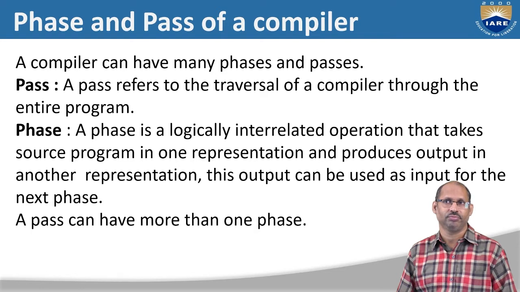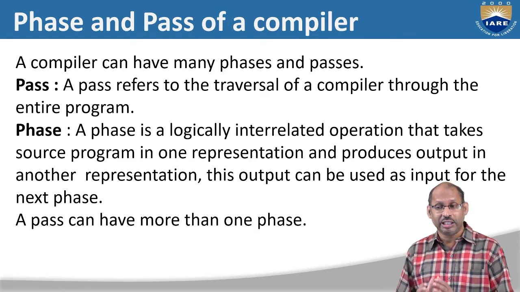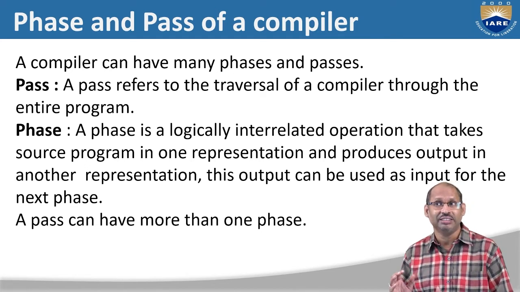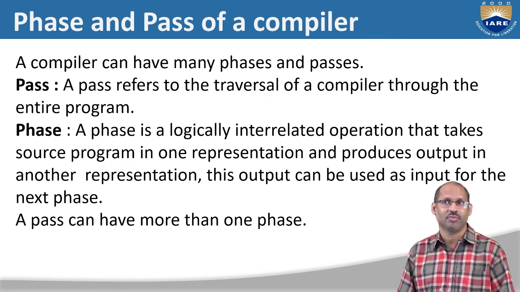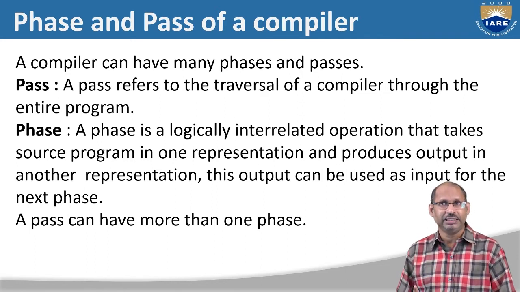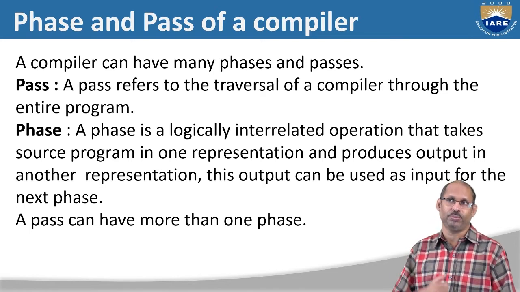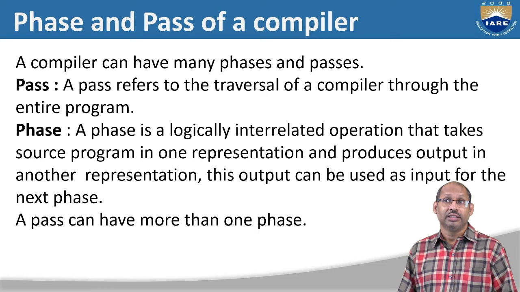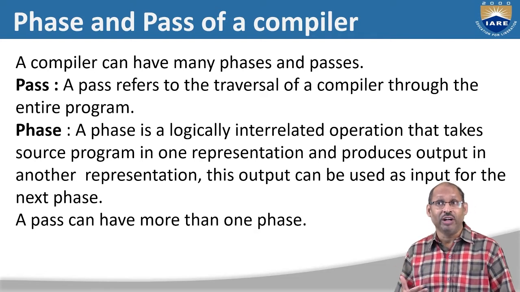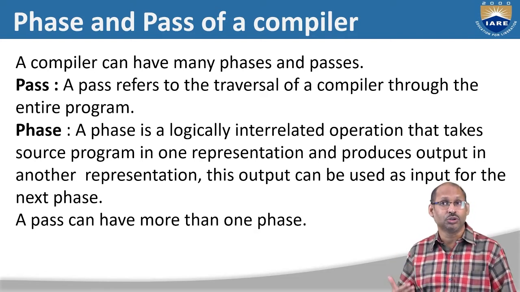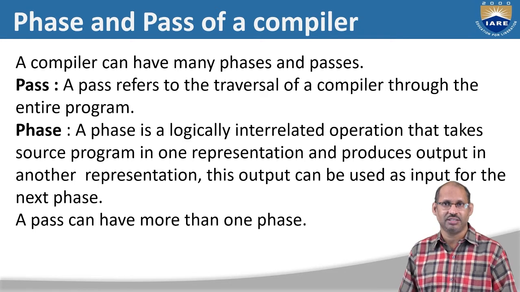A separable task of the compiler, we refer to as a phase. A pass is one complete scan of the source program. The complete one scan, one traversal of the source program by the compiler. A pass may have one or more phases.